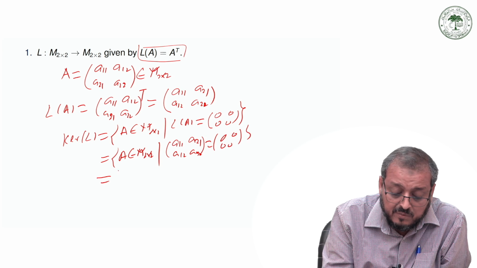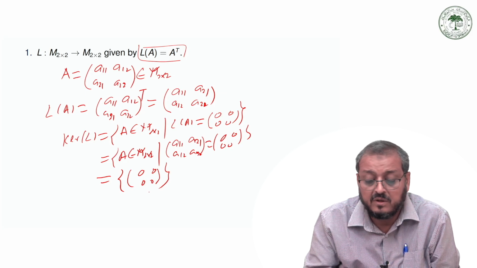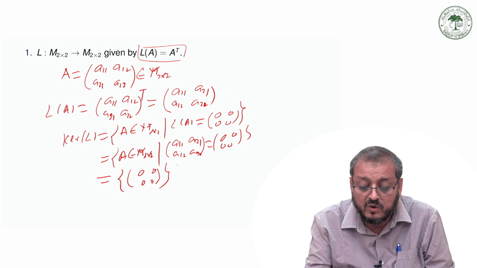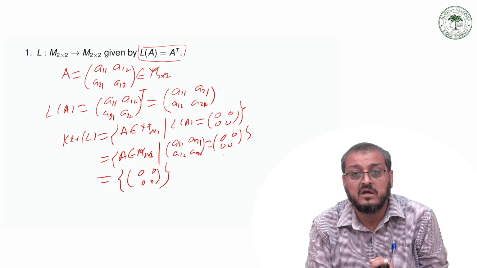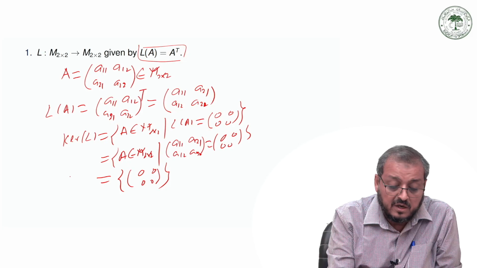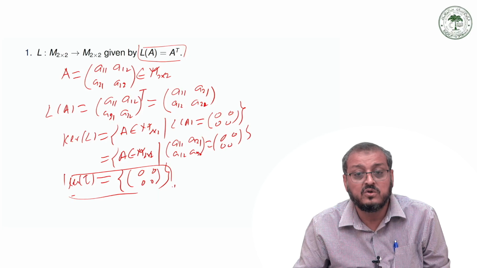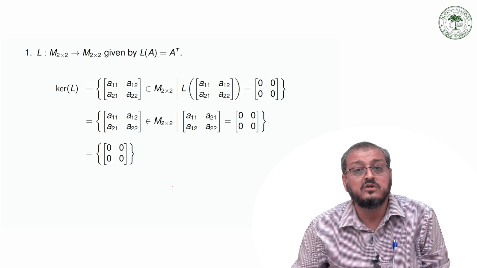So all of the Aij are equal to 0. This means the kernel of L is simply the zero matrix. So this is clearly 0.